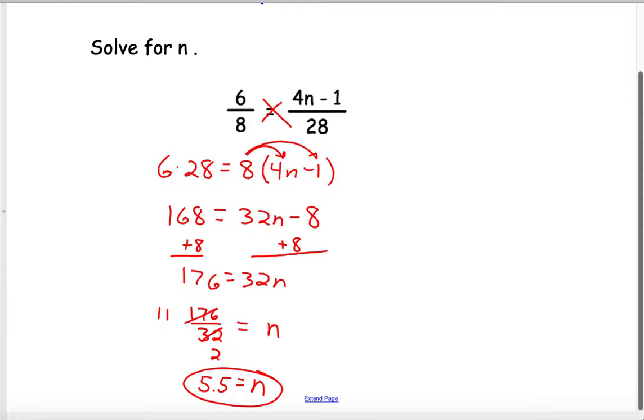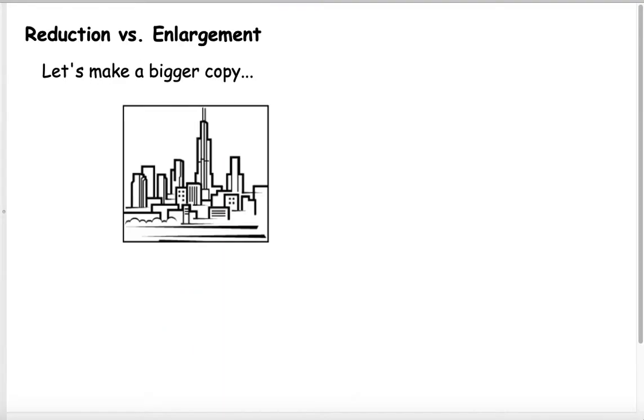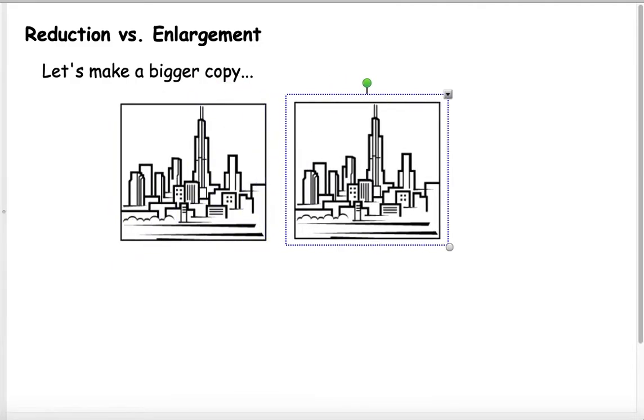That's going to be useful when we get into our next unit, which deals with similar figures. So reductions and enlargements. We learned in the last unit that triangles can be congruent if all the corresponding angles are congruent and all the corresponding sides are congruent. But if you remember, there was no angle, angle, angle congruence postulate or theorem.